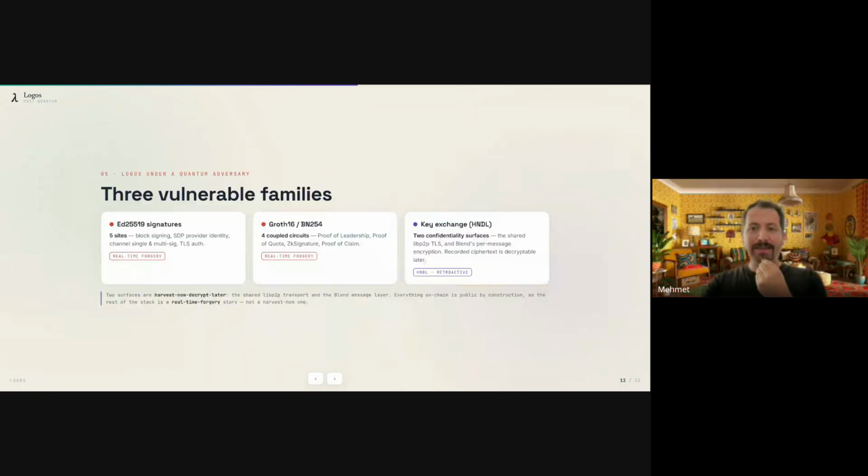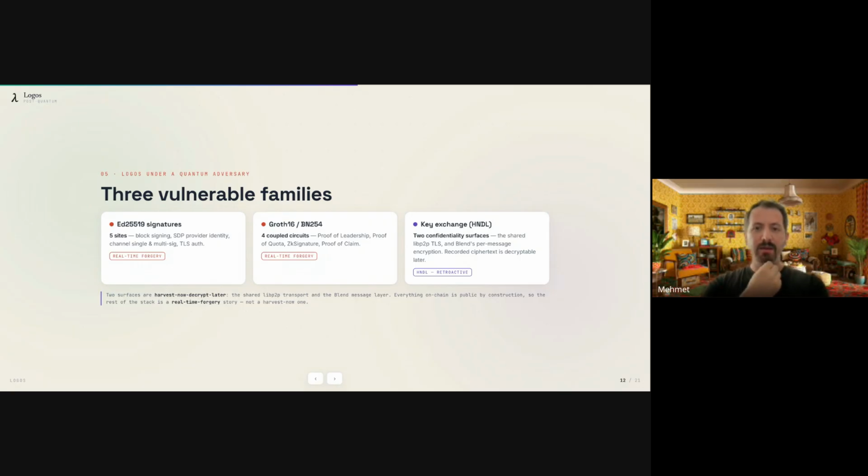So what are the vulnerable families for Logos? We have EdDSA, the signature algorithm. We have the Groth16 proof, and we use that proof for different purposes. And we also use a key exchange, key share protocol in Blend. Therefore, these are the problems for Logos.